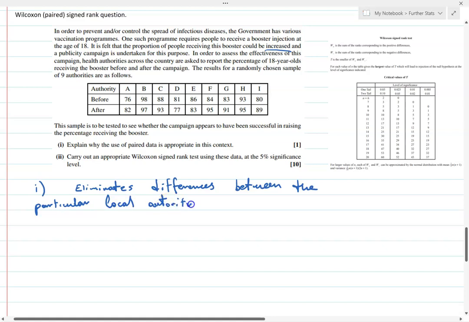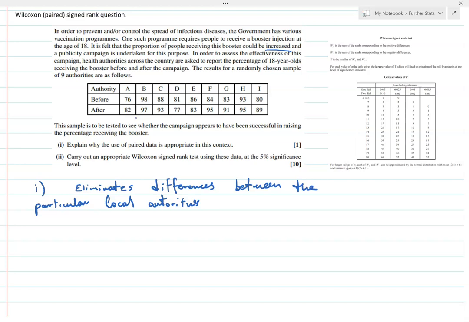Because we've paired them, if one particular authority is prone to a booster campaign with not very high take up, and that authority finds it difficult in some way, that difference is accounted for by the fact that we've paired the data. So any variation between the authorities themselves is eradicated, or at least reduced, as a result of pairing.